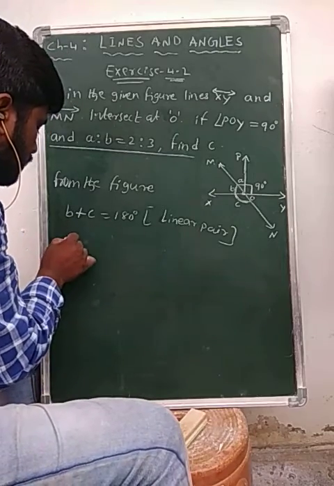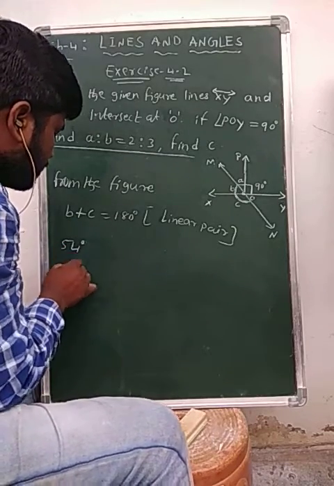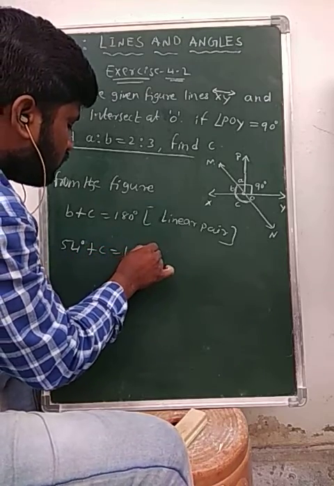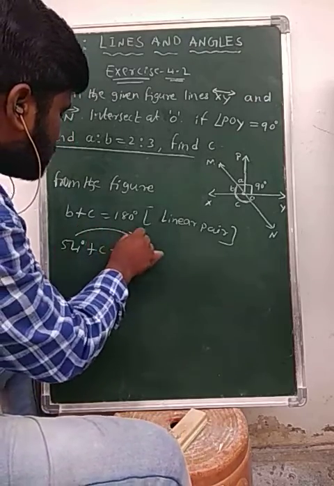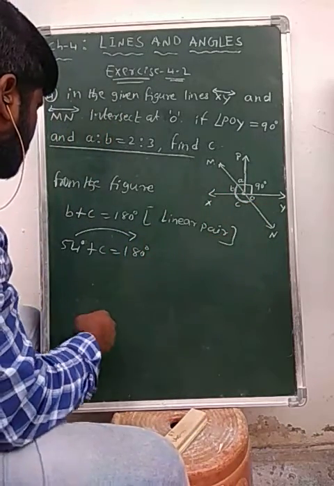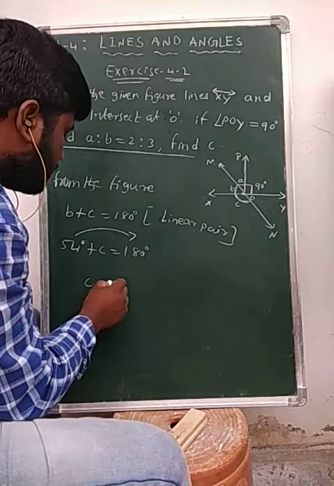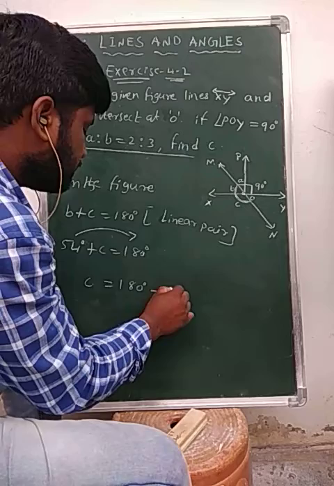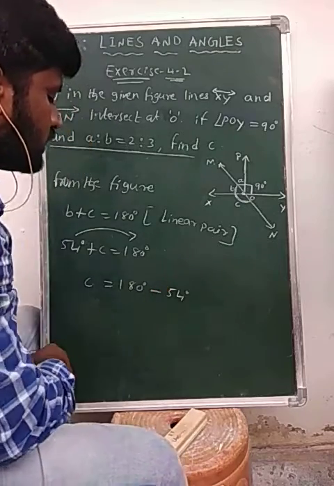B, we know what we get. B means, just before, that is 54 degrees plus C is equal to 180 degrees. 54 is transposed to the RHS. We get minus 54. C is equal to 180 degrees minus 54 degrees.